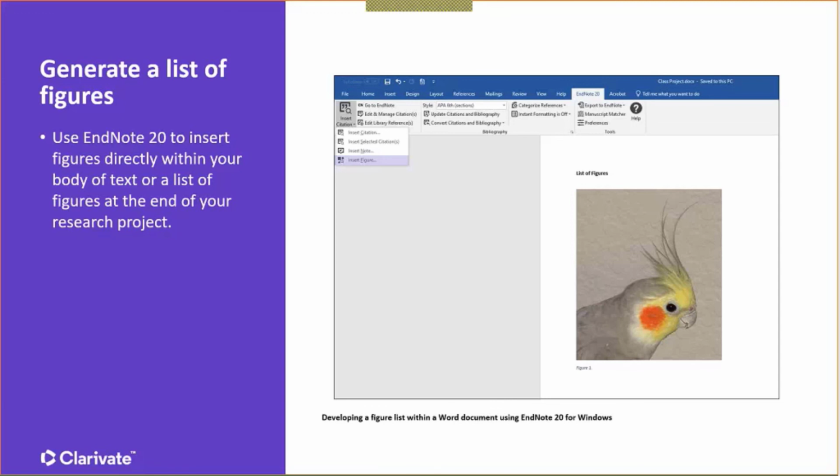And again, that's an aspect of Word usage that you would face if you choose to ask EndNote to generate figure lists for you, and a headache that you can really mitigate by inserting your figures toward the end of a project after you've laid out the rest of your body of text and cited your references. Not a requirement, but again, it can lessen a lot of headache with regard to managing images in a Microsoft Word document.